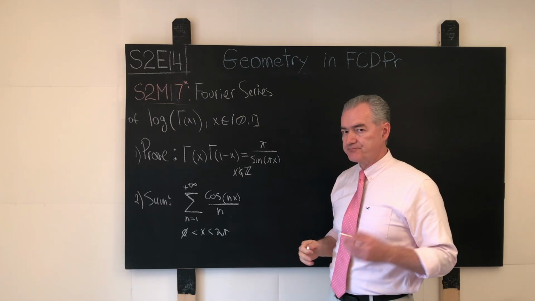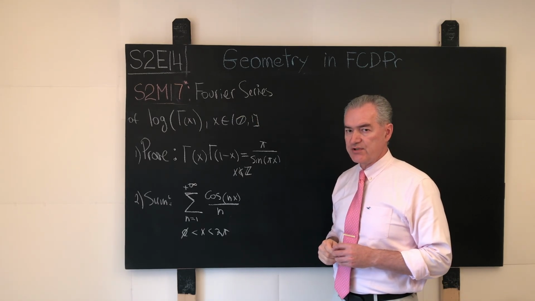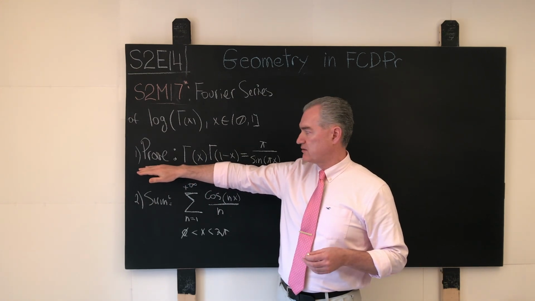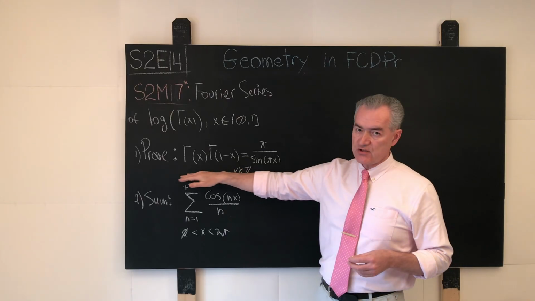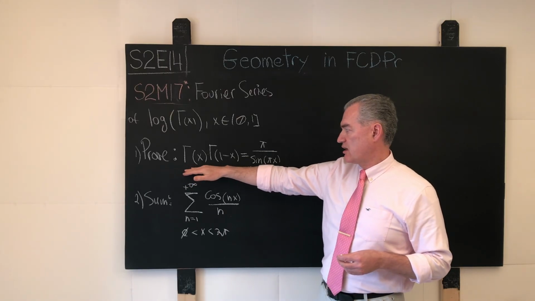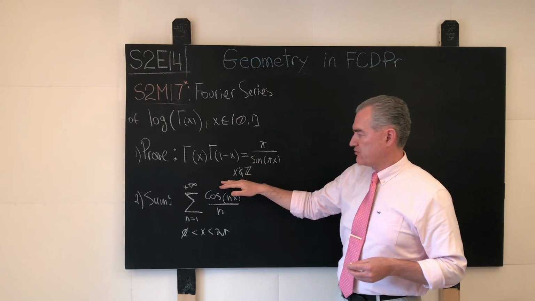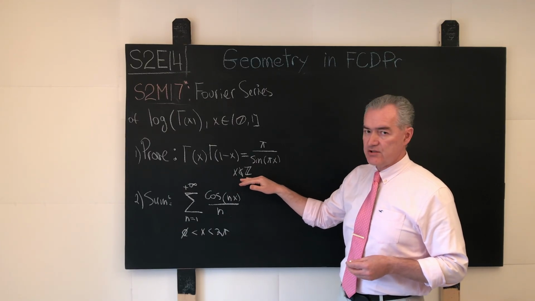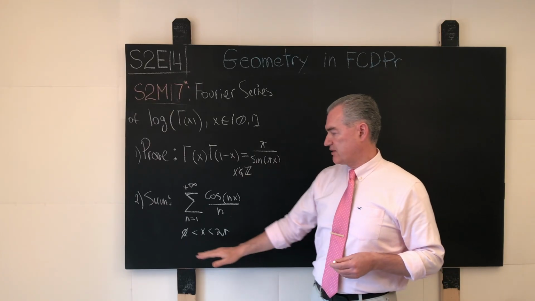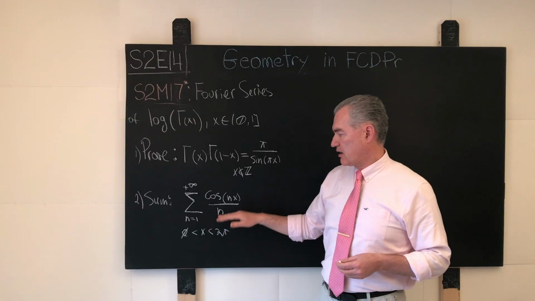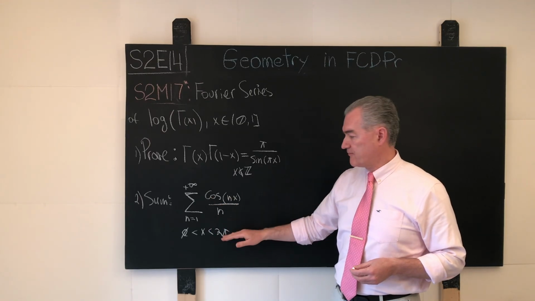And as a number of intermediate tasks, for example, you should try your hand at proving the so-called reflection formula for the gamma function shown over here that holds for all, let's say, real numbers that are not integers. And as another subtask, you should try your hand at summing this particular trigonometric infinite series.